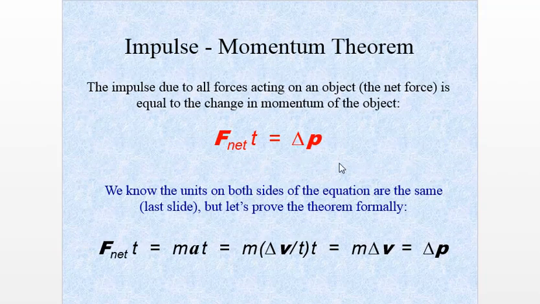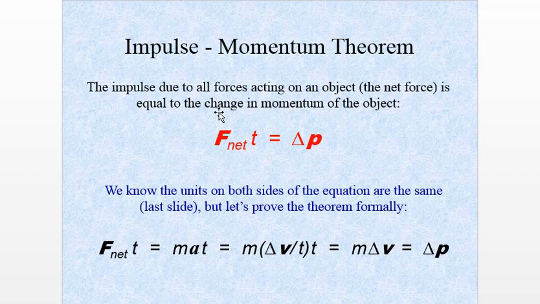The impulse due to all forces acting on an object, the net force, is equal to the change in momentum of the object. Look at the equation. F net times t is equal to delta p, or change of momentum.